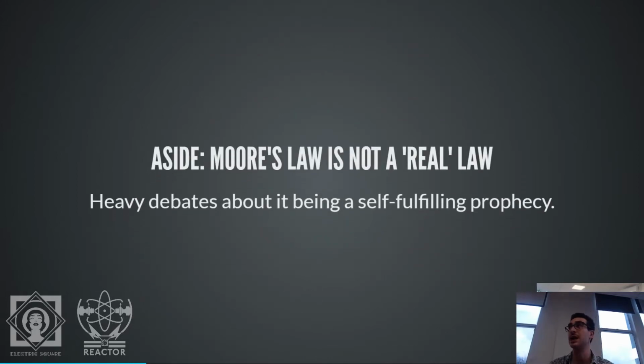But it's worth pointing out that unlike, let's say, a law of physics, this is not a real law. It's a prediction about what would happen based on things humans were doing, and there are heavy debates about it being a self-fulfilling prophecy. Because consumers were expecting their CPUs to increase at a certain rate, chip manufacturers raced to make sure they achieved those targets. The chip manufacturers that didn't achieve those targets fell by the wayside, and R&D investment had to increase exponentially in order to hit these targets. So that's something that's worth bearing in mind.